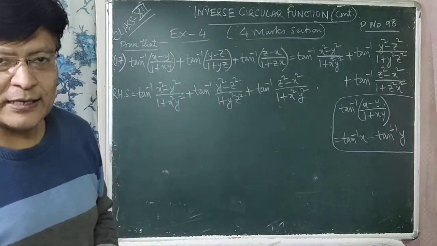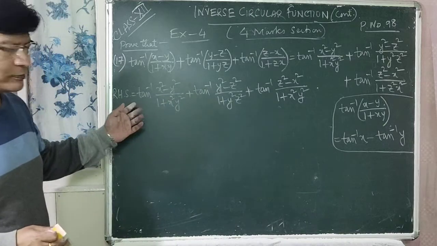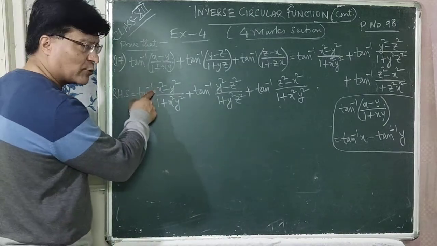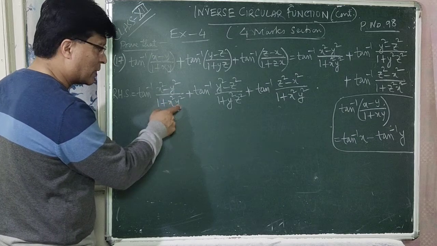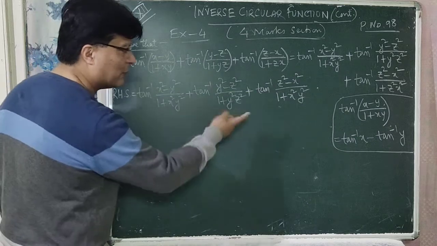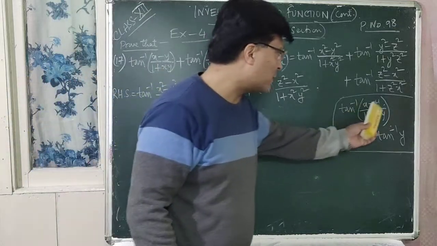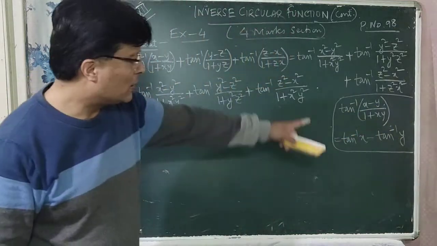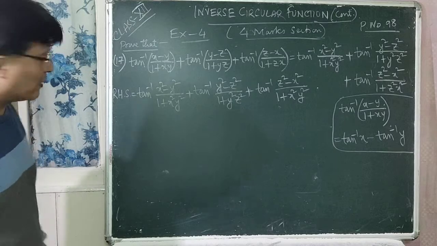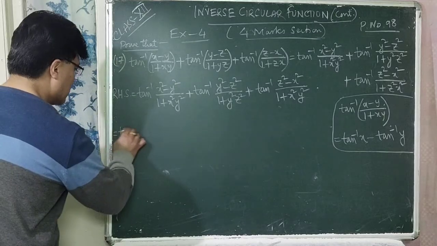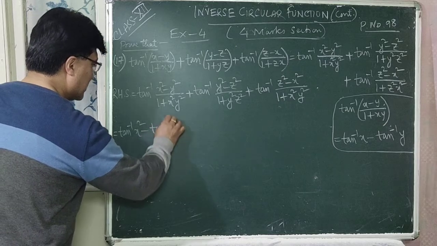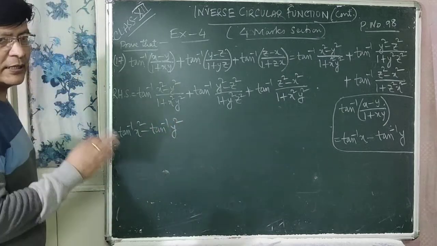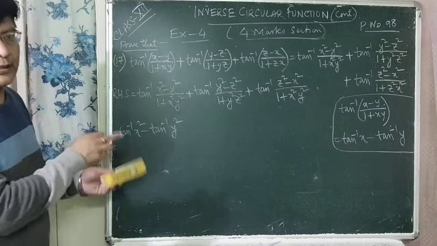So now again here also you can use the same formula. Instead of x there is x square, instead of y there is y square. The same formula can be used. That is tan inverse (x minus y) upon (1 plus xy) is equal to tan inverse x minus tan inverse y, right? So let us use this formula: it is tan inverse x square minus tan inverse y square.